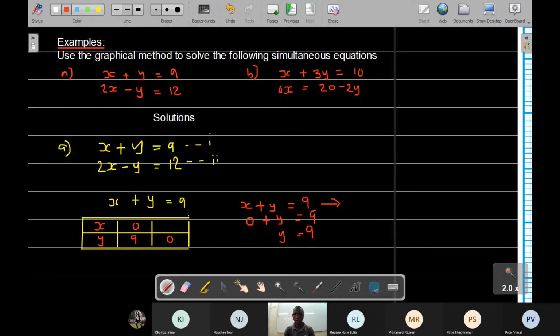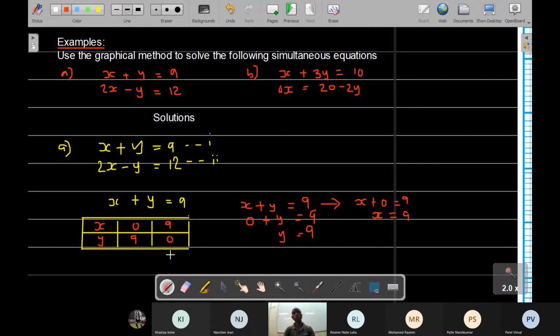So when y is 0, it will be x plus 0 equals 9. So x plus 0 is just x, which is equal to 9. So here we get the value of x as 9 when y is 0.